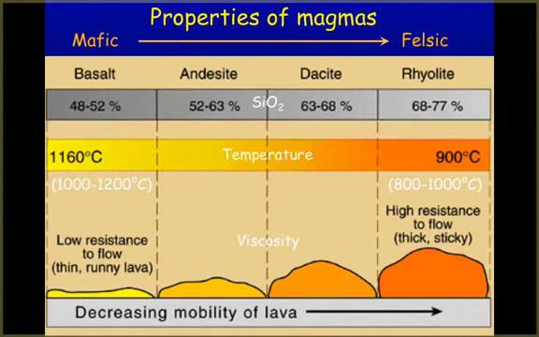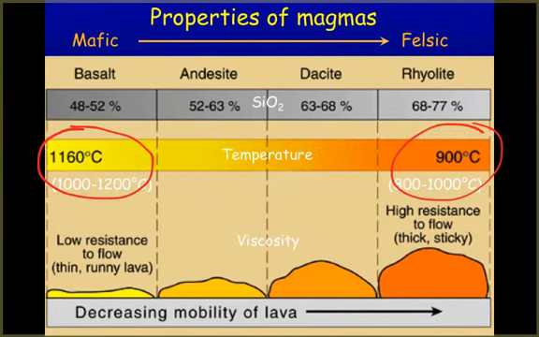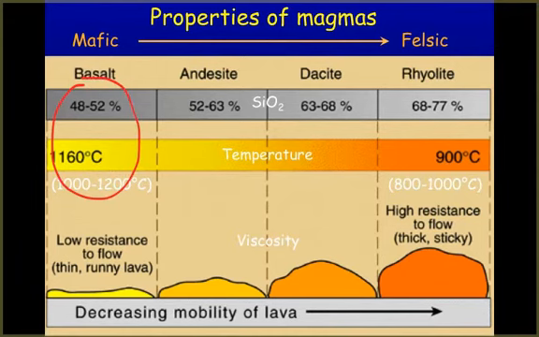So, for instance, the silica content as well as the temperature: you'll notice that the temperature of mafic volcanic rocks is significantly higher than the felsic volcanic rocks. And the low silica plus the higher temperatures in, let's say, a basaltic lava leads to a thin, runny lava.